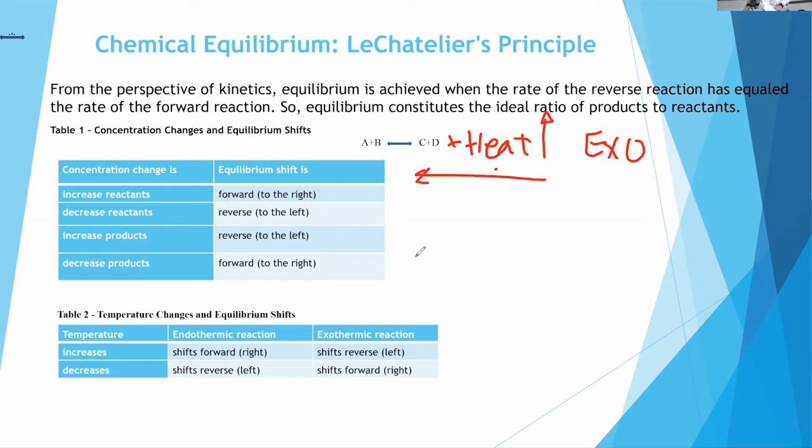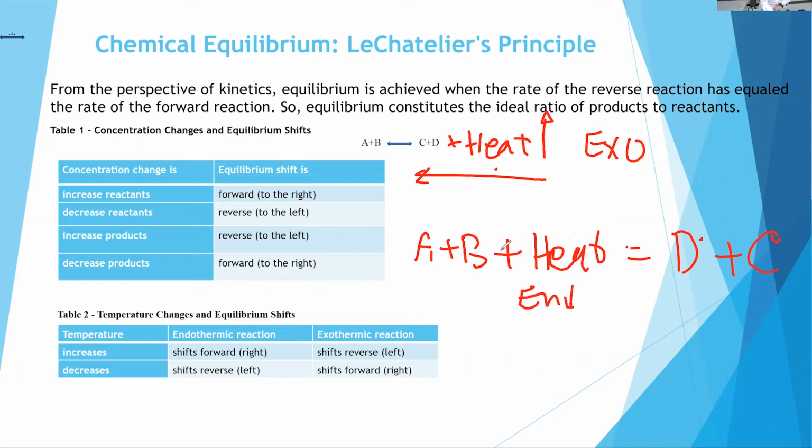If you have an endothermic reaction, if you have A plus B plus heat that gives products C plus D, this is an endothermic reaction. So heat is one of the reactants. You would treat heat just like one of the reactants. So if I increase the heat, I'm putting in more reactants.